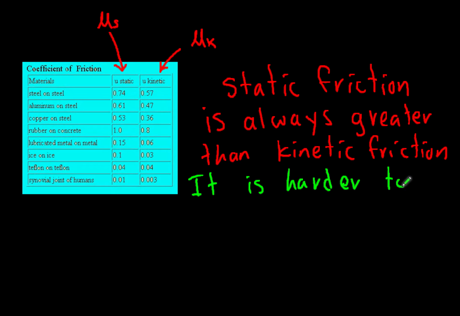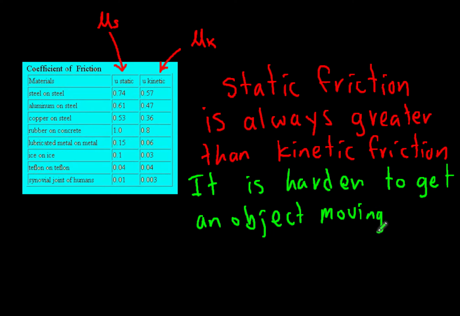It is harder to get an object moving than to keep it moving once it's already going. Sort of like some of my students in the morning when they're trying to get out of bed, I'm sure.